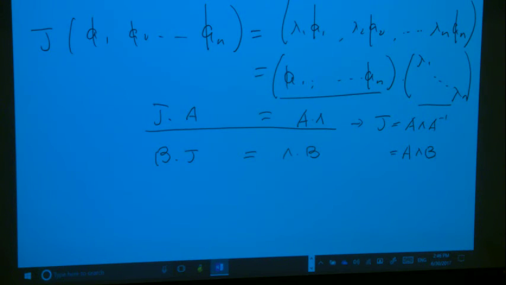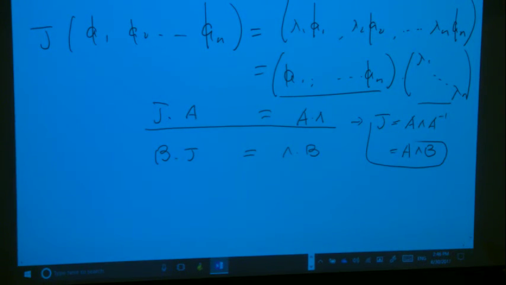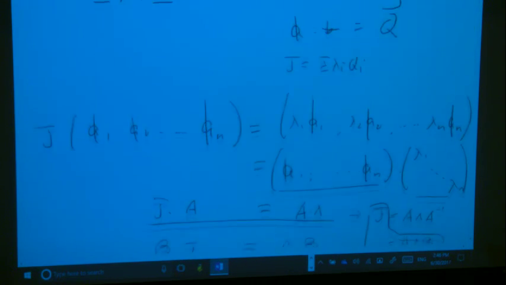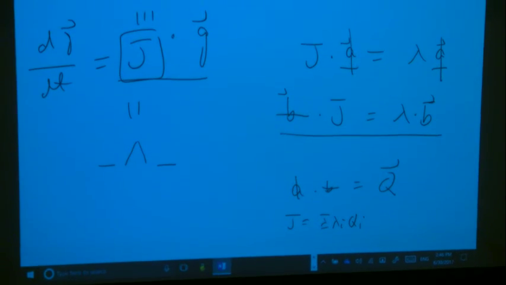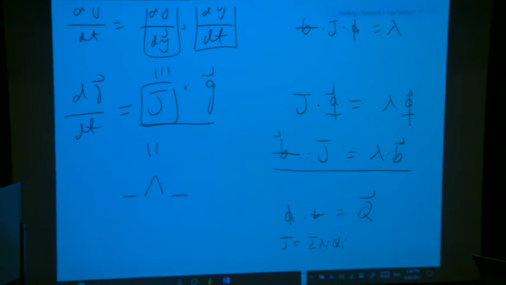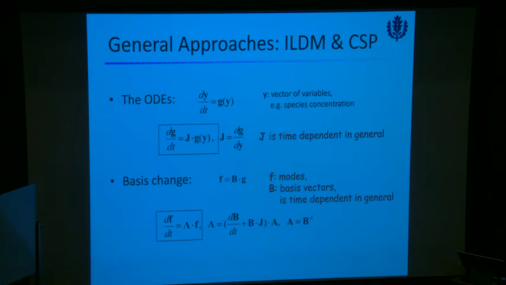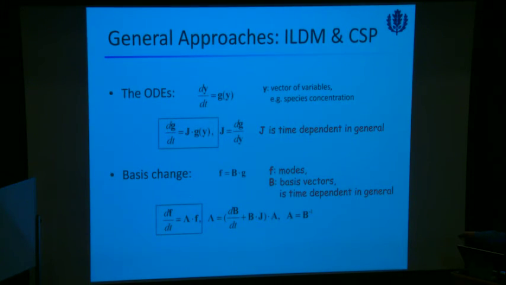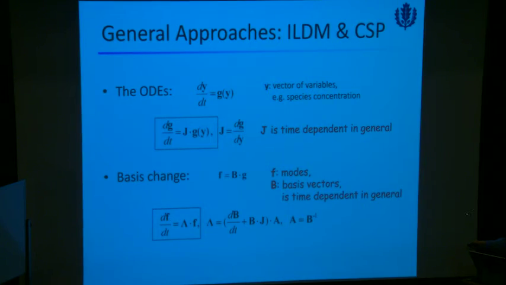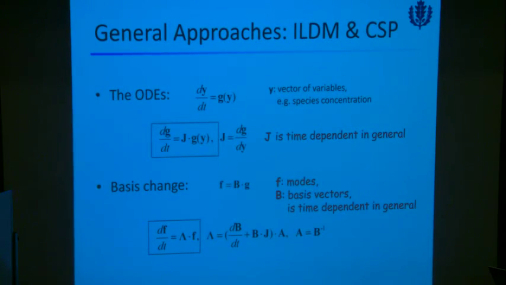So therefore, if you put this G equals A lambda B into this ODE, you can decompose the mode, right? Let me just bring this back. You can transform the ODE from this form to this form, where F is equal to B times G. In this way, we transform the original dependent variables to linear combinations of a whole set of others.